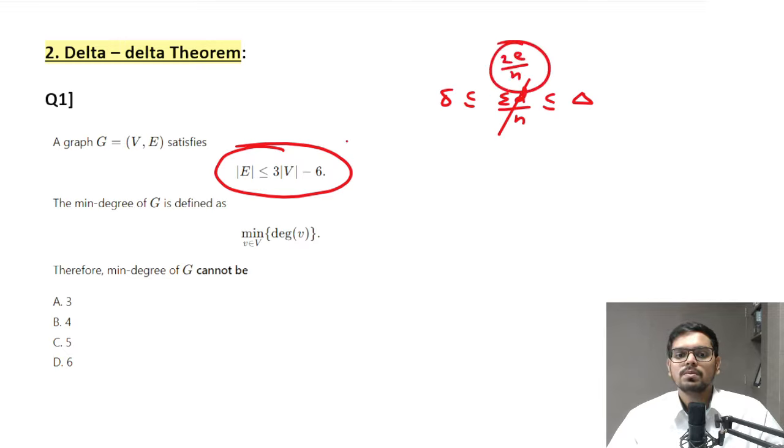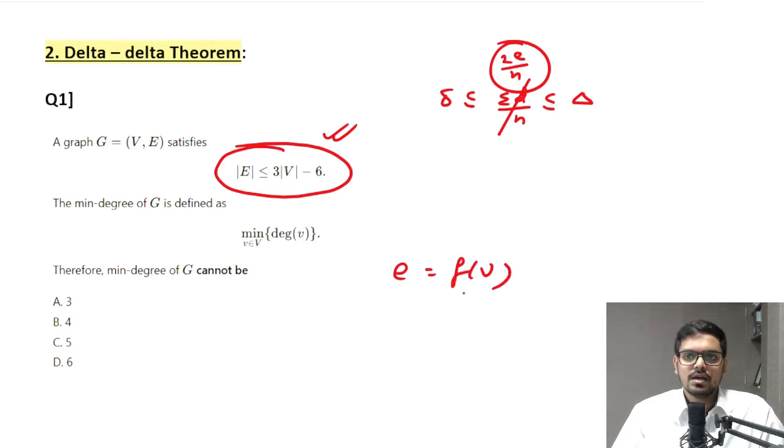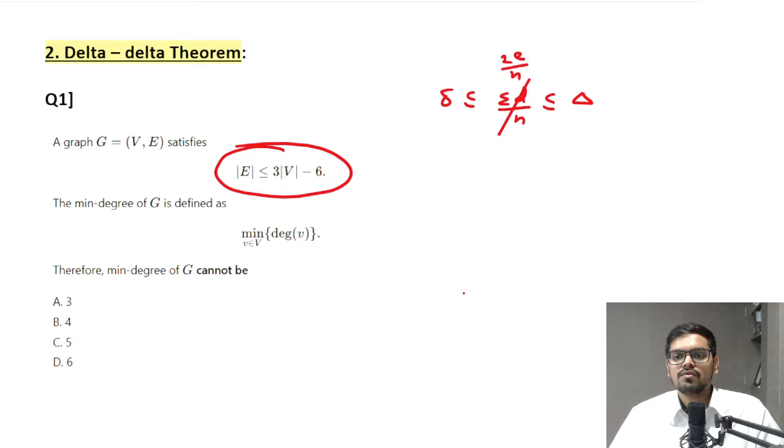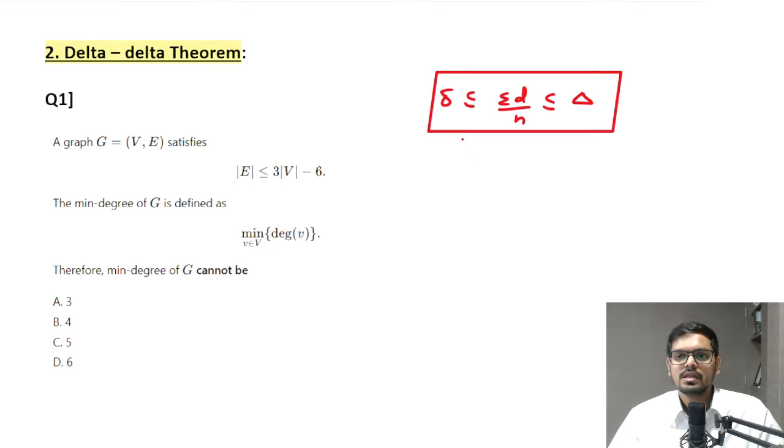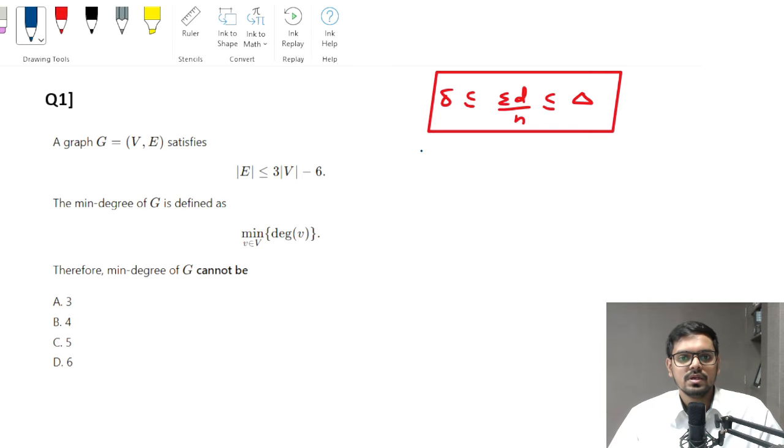But this is not an equality where we can directly get 2e by n; the things are in an inequality. So we have to analyze, and then substitute. It is a little bit time taking, but you will get the answer. This is the formula through which you get the answer, but straight away substitution won't be possible, so we have to do a little bit of analysis.